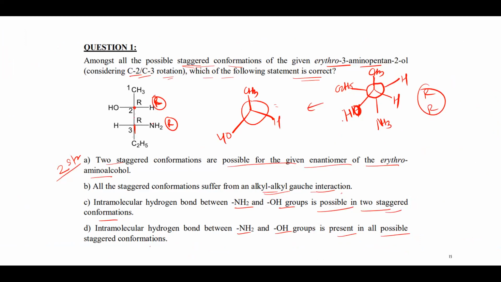I have rotated the molecule by 120 degrees, either clockwise or anti-clockwise. Let's say I have rotated this CH2 to the position here. So this will go there and C2H5, here will be the NH2 and here will be the hydrogen. So this is one form possible. But another one, if I rotate it clockwise, what is the other form?